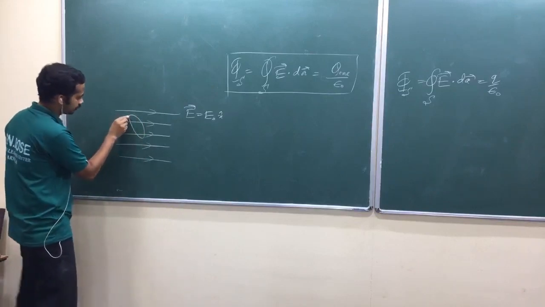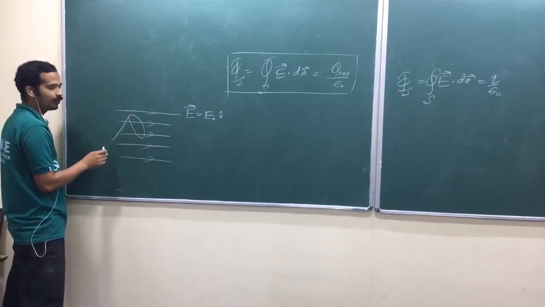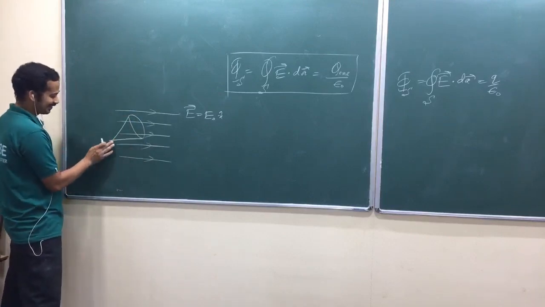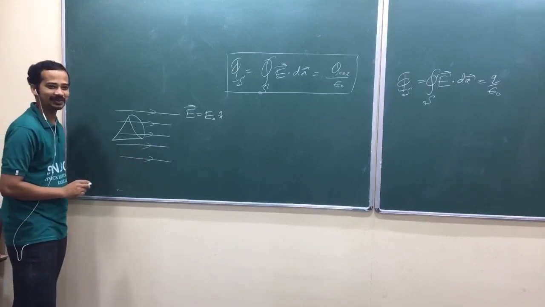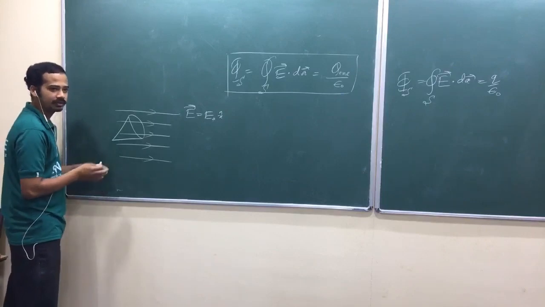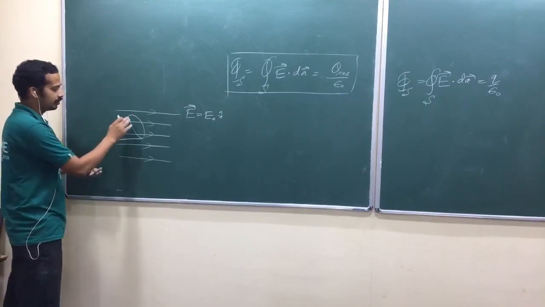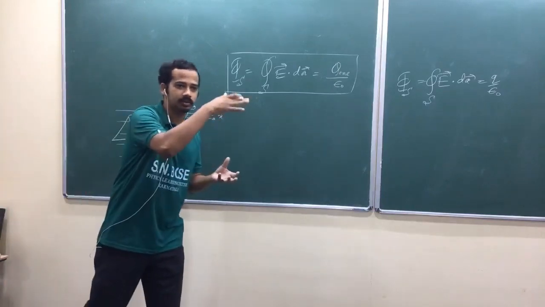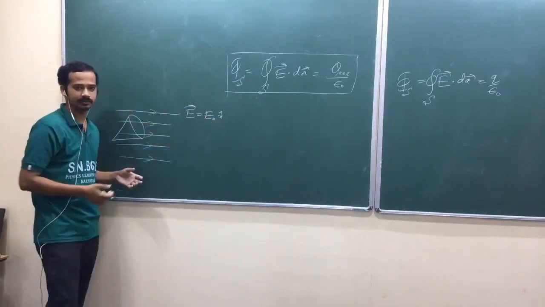Now let me take a closed cone. Conical surface. Whenever I say conical surface, you may see that this is also your ice cream cone, but you are just closing that open surface.